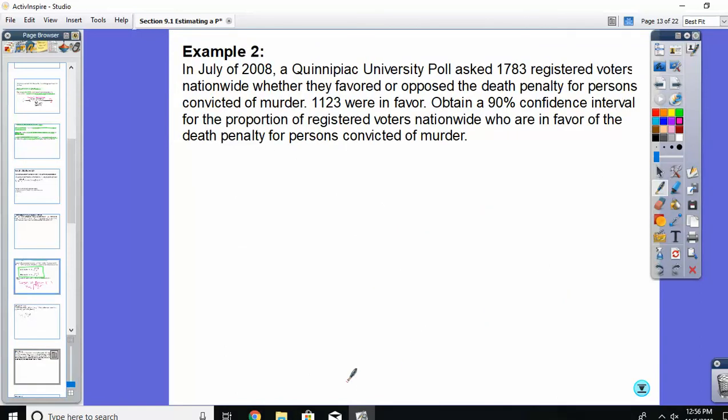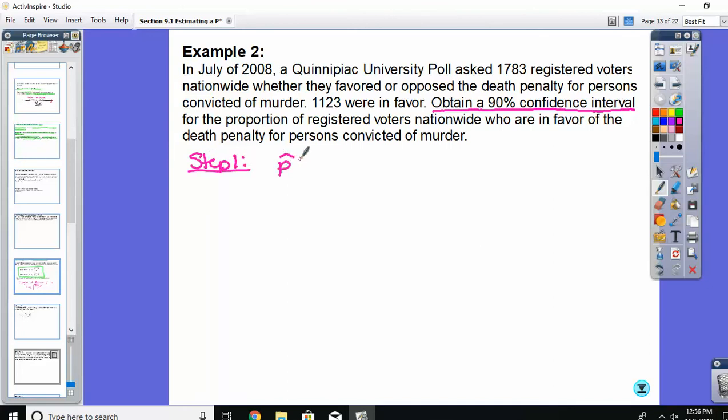So let's go back to that example we did earlier where we found our p-hat. I want to now create a 90% confidence interval. So on example 1, we found our p-hat. That is your first step always.